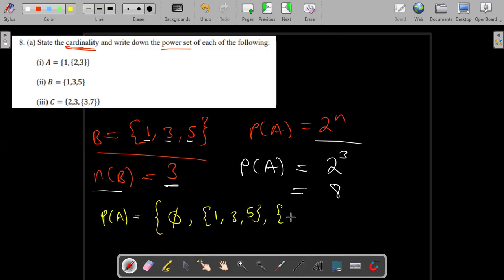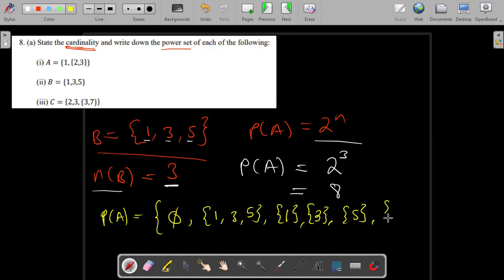For the other 6, I can first list down the elements themselves: the set containing 1 only, that's 2; the set containing 3 only, that's 4; the set containing 5 only. So I have 1, 2, 3, 4, 5 listed, meaning I have 3 more to go.